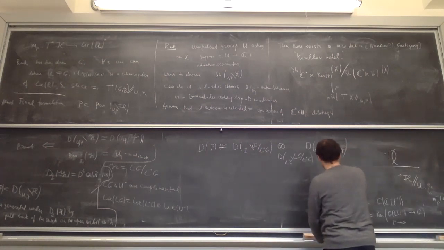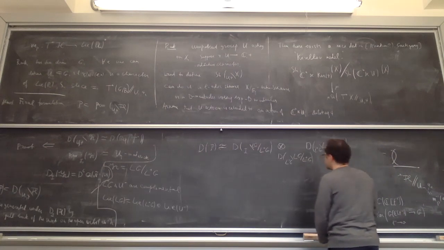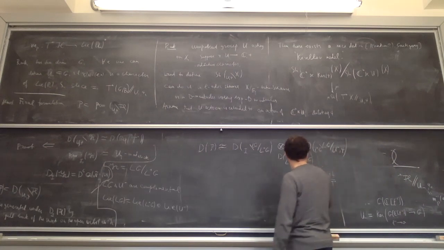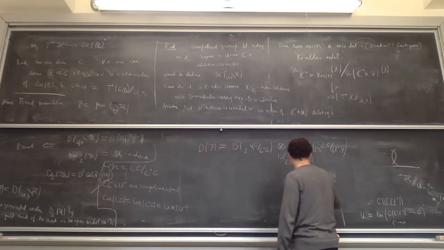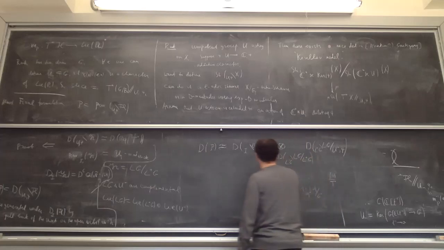So this is like point mod T check. And here, this is known. So this is derived Satake.